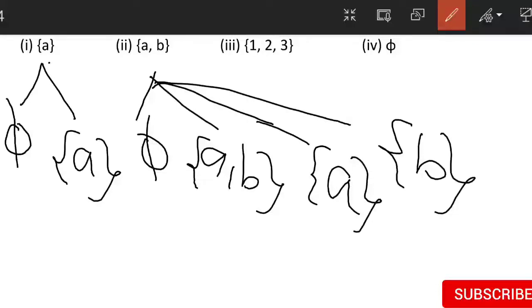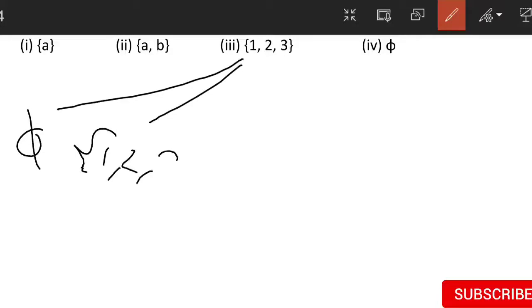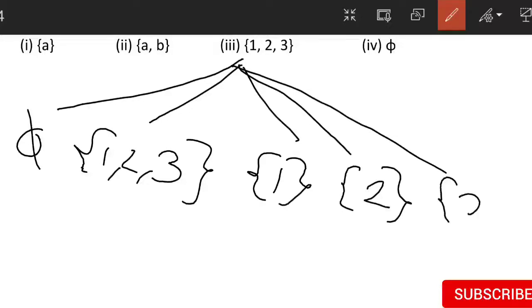Next choice will be, we are collecting the two elements which is nothing but a given set. Now here in this example the set contain three elements. So here first subset is empty set, second is the set itself, that is set of 1, 2, 3, and next is if we take single element 1, then we get set of 1 is a subset of given set, then single element 2, single element 3.